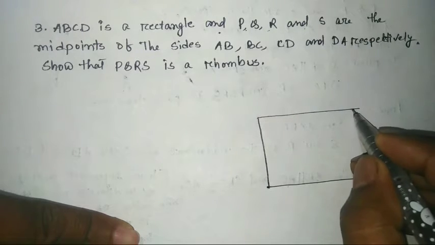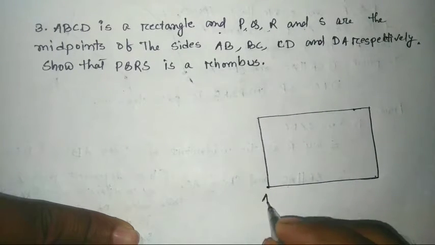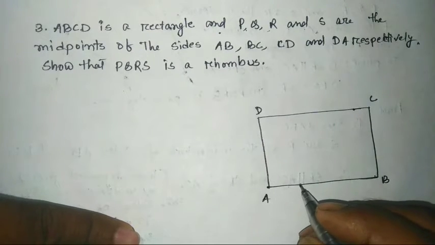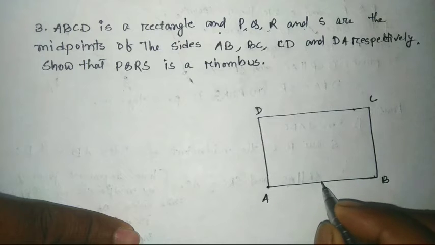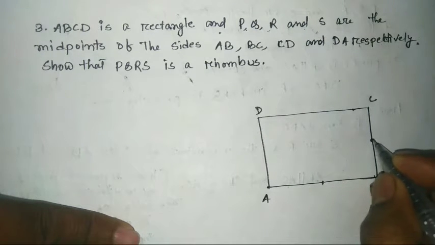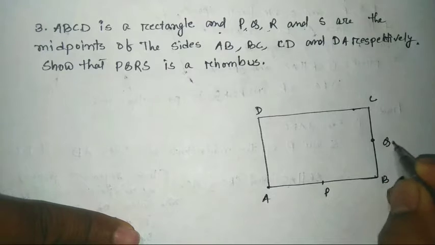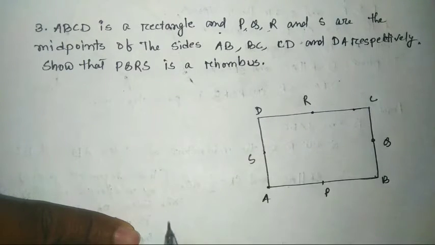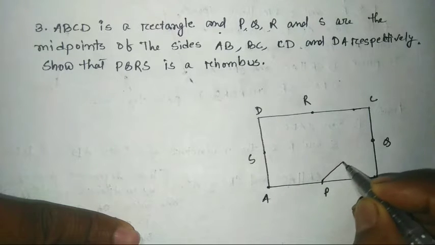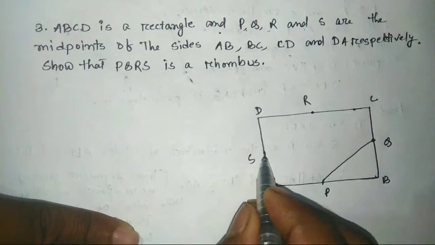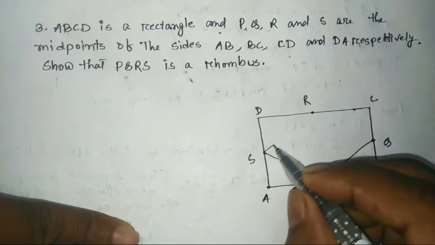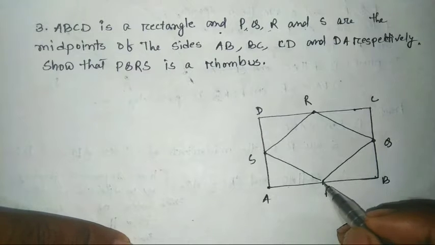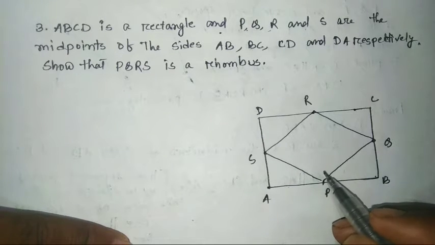Suppose this is a rectangle A, B, C, D. P is the midpoint of AB, Q is the midpoint of BC, R is the midpoint of CD and S is the midpoint of DA. We need to prove that PQRS is a rhombus. Very important sum.